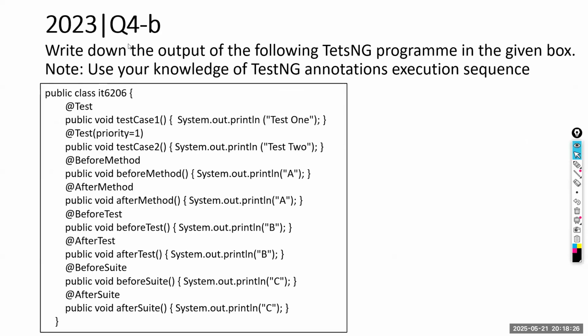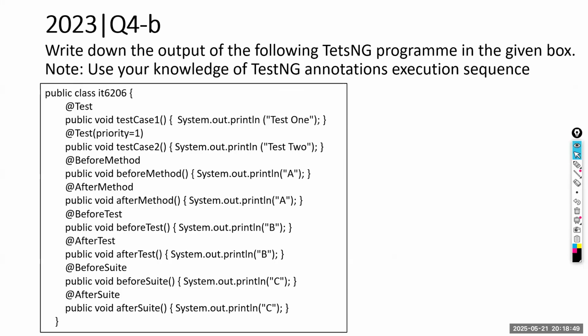Then question 4B: write down the output of the following TestNG program. It's a TestNG test case in the given box. Note, use your knowledge of TestNG annotations and execution sequences. So this is super easy now because we did it.